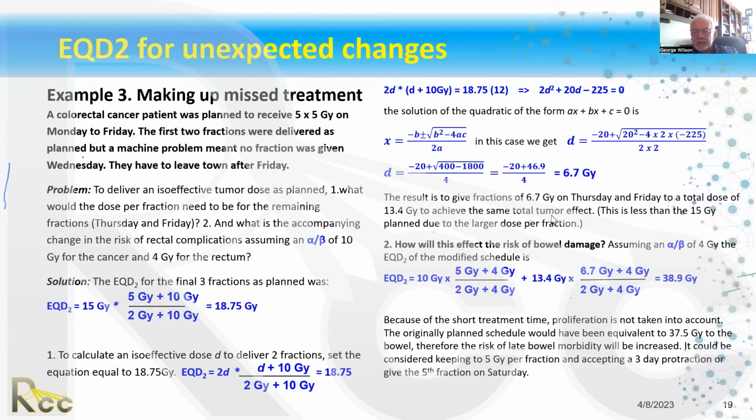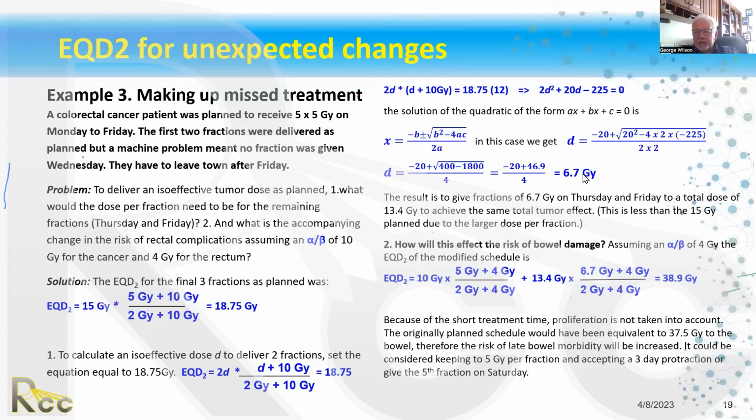And what that means then is that the total dose now is actually going to be 13.4 gray in those 2 fractions. And that's less than the 15 gray that we were originally going to give. And that's now because we've gone to a much higher dose per fraction. And so we don't have to give as much dose to get the same effect.